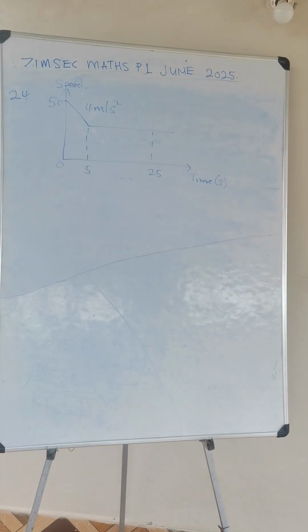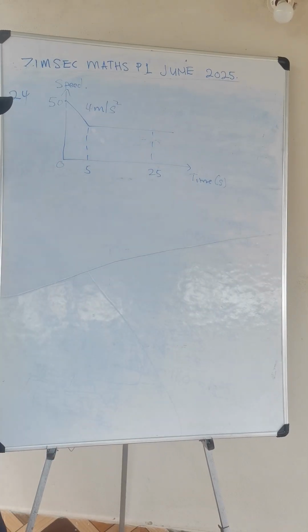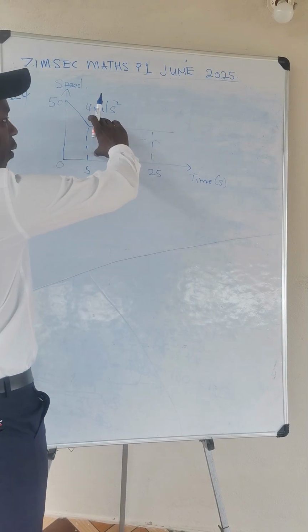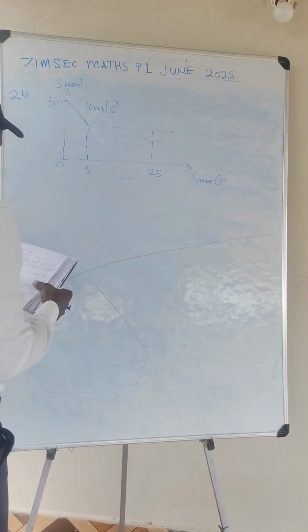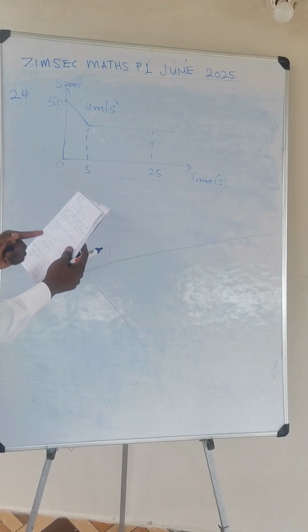It becomes very complicated for other people, because they will start finding where the 10 seconds is and say the question is wrong. No, the 10 seconds is in between this period where our object is not increasing the speed. So what do we use? Our question says calculate the speed of the object when the time is 10 seconds.